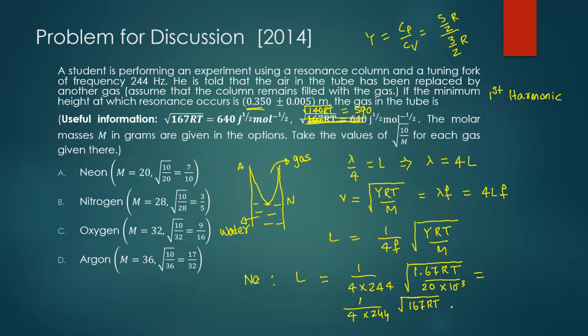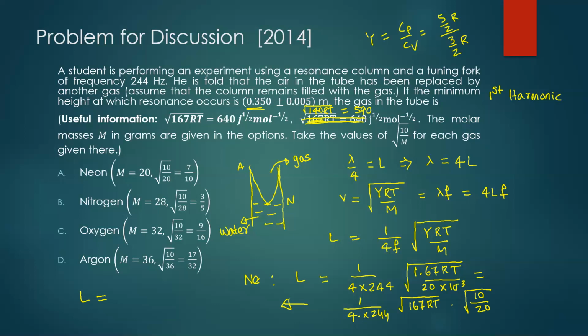Now if you look at the denominator inside the square root, since I've converted 1.67 to 167, I would divide the number by 100. So in the denominator, I'll get simply the square root of 1 by 2, which can easily be written as 10 by 20. So the length can be written roughly like this.